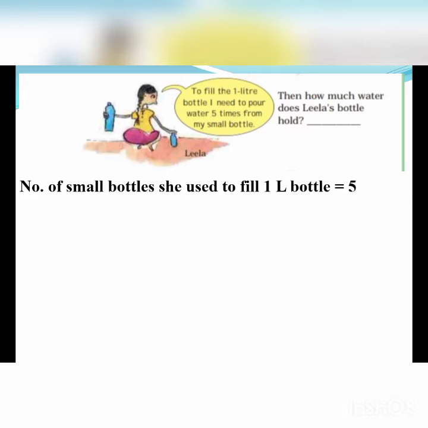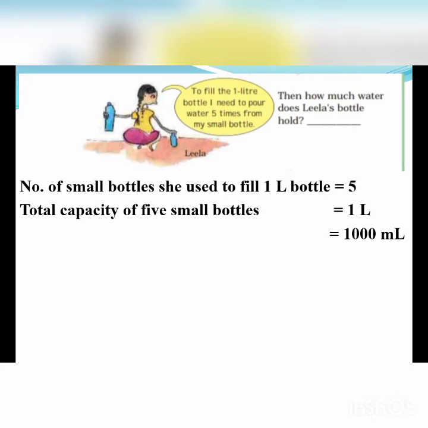Number of small bottles she used to fill the 1 liter bottle: yes, 5. So we can say the total capacity of 5 small bottles is 1 liter, and we know 1 liter equals 1000 milliliters. So the capacity of one small bottle will be 1000 divided by 5.